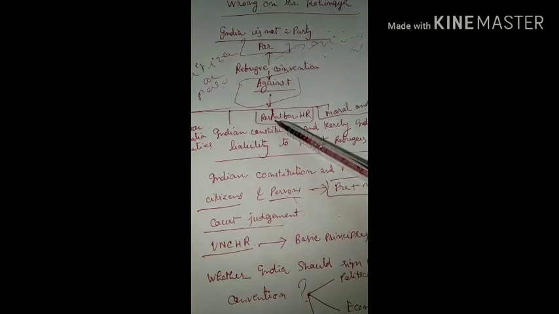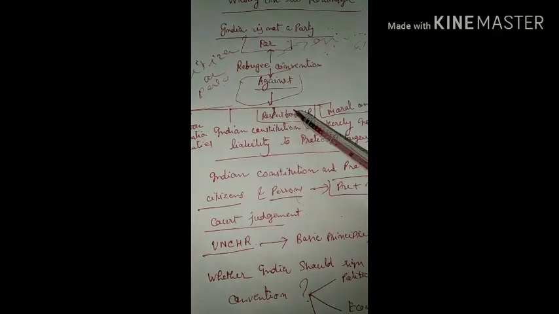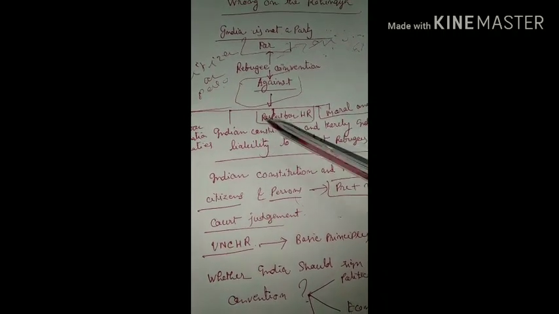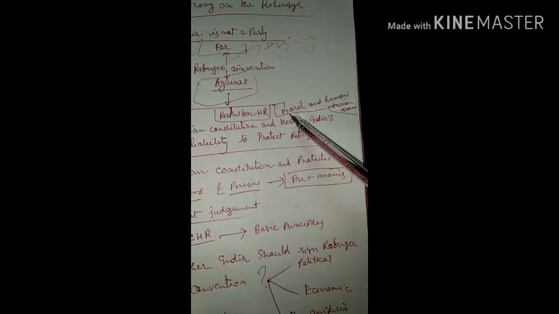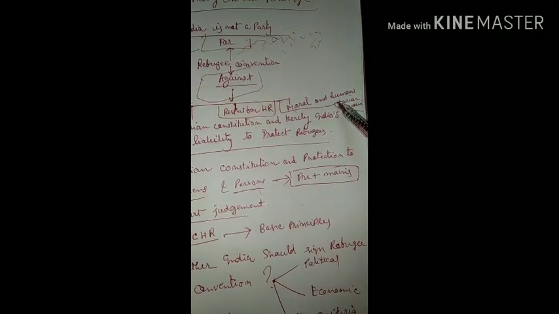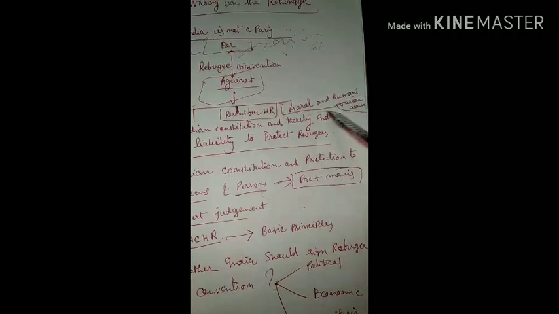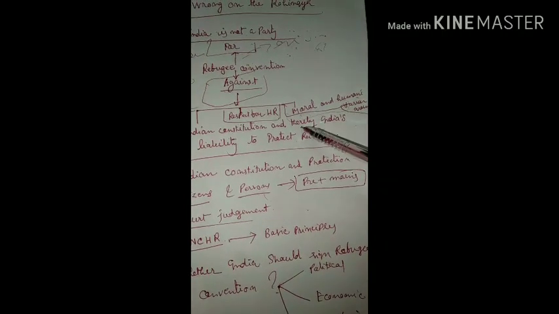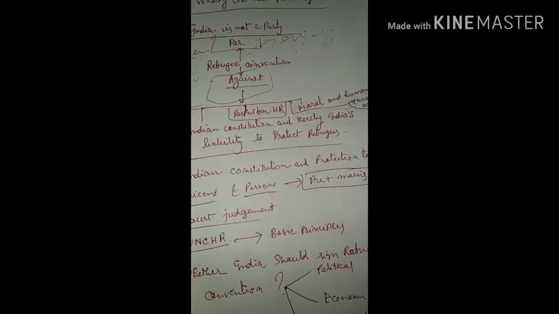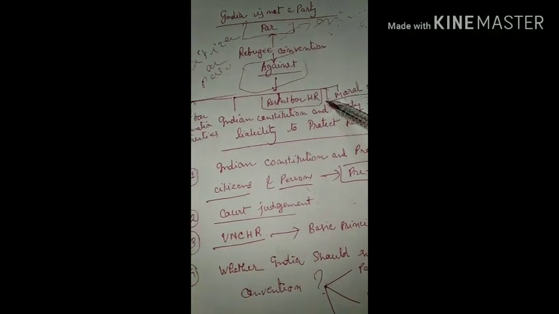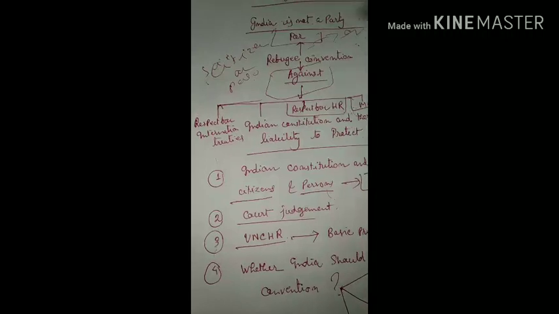So this respect for refugees comes from the liability of the Human Rights Convention. Moral and humanitarian ground: we can give it as a reason against. A country like India should not repatriate Rohingyas or refugees.